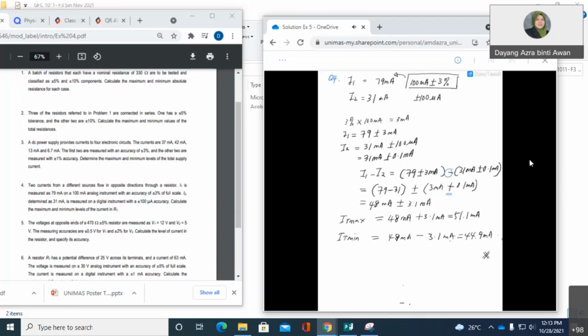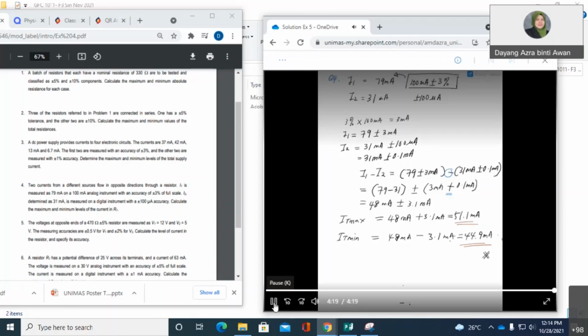So this is the answer for the maximum and the minimum of the current.